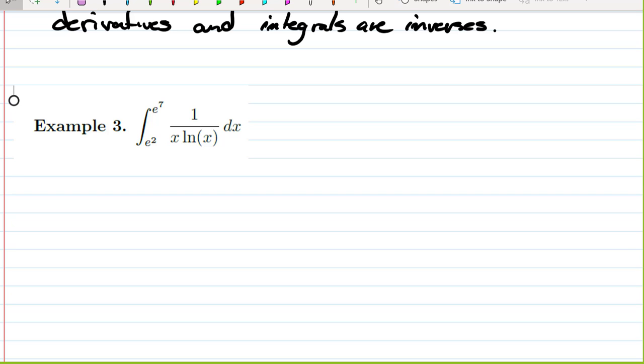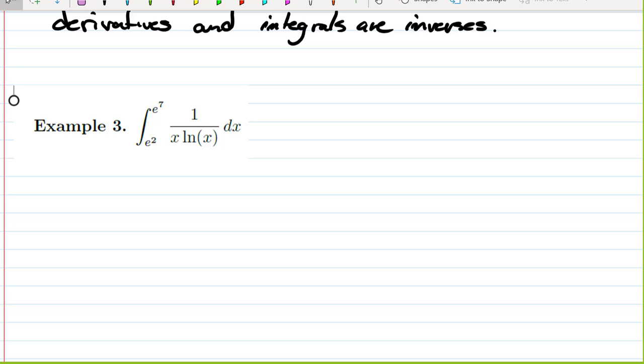We also are trying to find something that's inside of something else. Well, this one's a little bit harder to see, but we actually have the natural logarithm inside the reciprocal function.